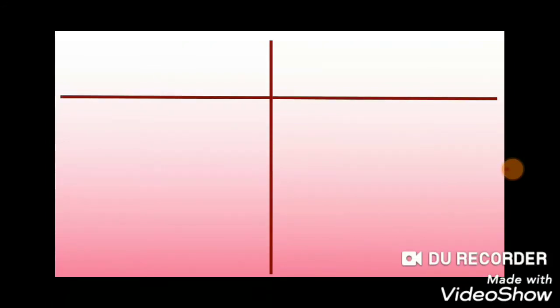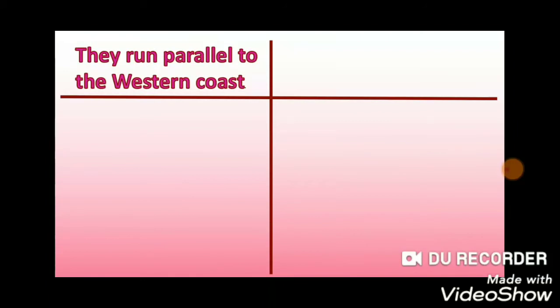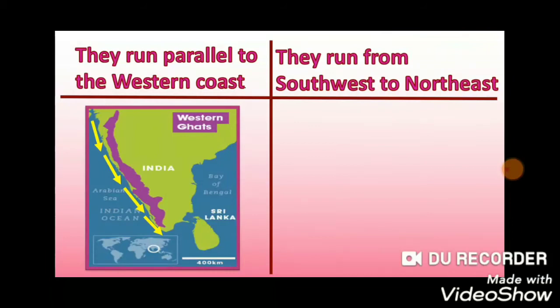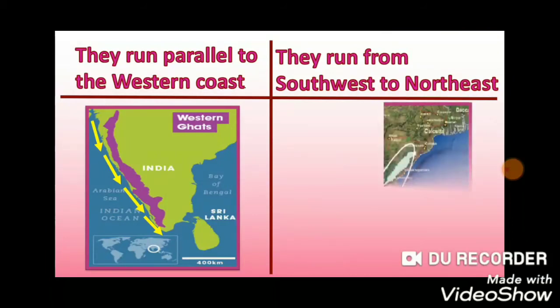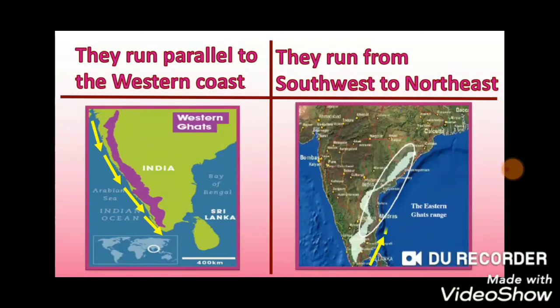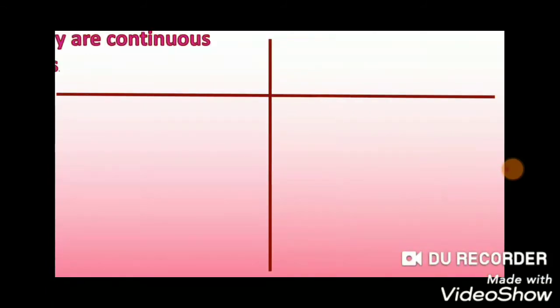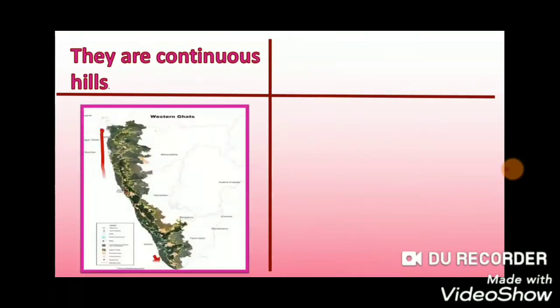Next we see the points. They run parallel to the western coast. They run from southwest to northeast. Western Ghats are continuous hills. You can see that here.